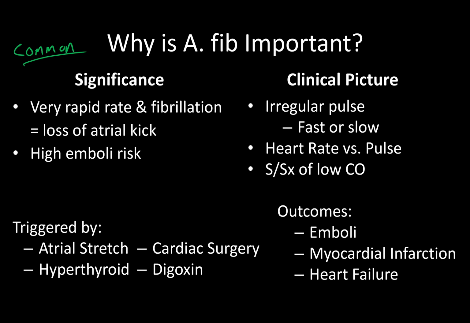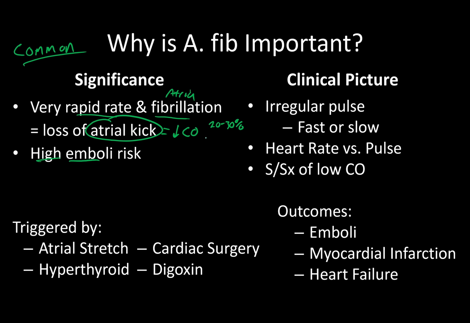But more importantly, it's very similar to a flutter in that you get that rapid rate plus the fibrillation of your atria, and that causes loss of your atrial kick, which causes a decrease in cardiac output by 20 to 30%. And additionally, there's that extra high risk of emboli, even worse than with a flutter.